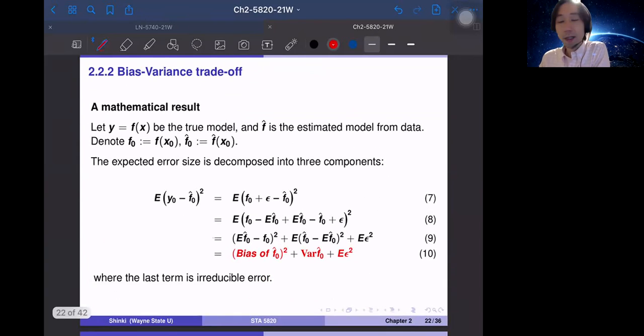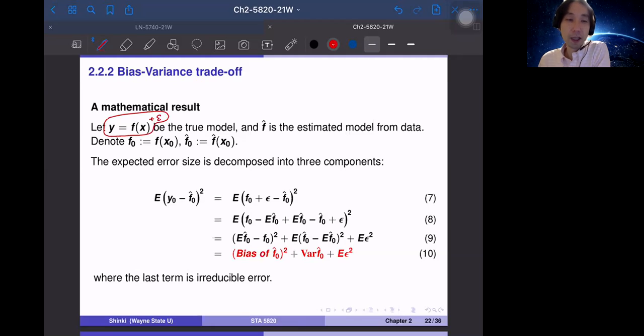Okay, so in mathematical terms, it can be represented in this way. Suppose that's the true model: y is equal to f(x) plus epsilon. So the true expectation of y is f(x), and the error term is epsilon. The error always exists, so we cannot reduce that error.